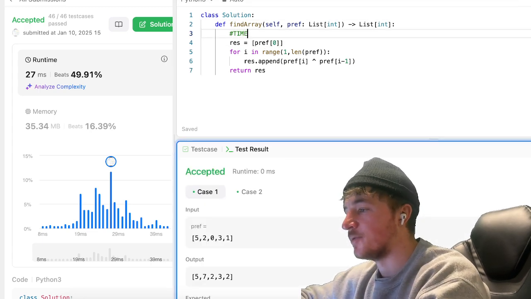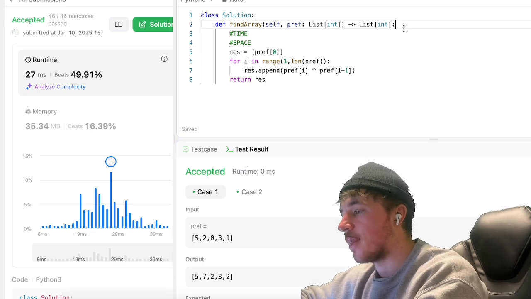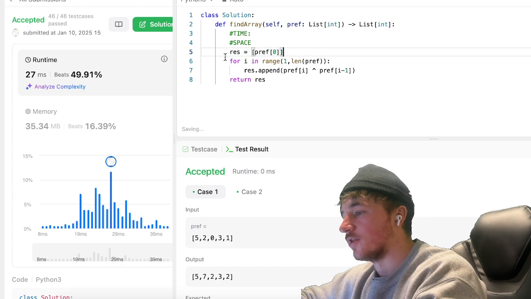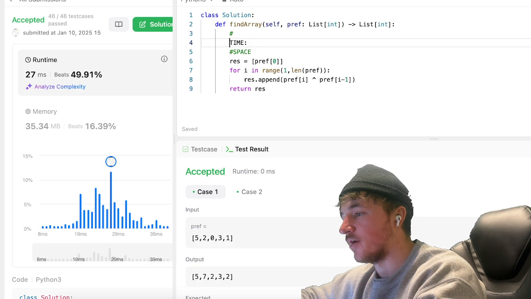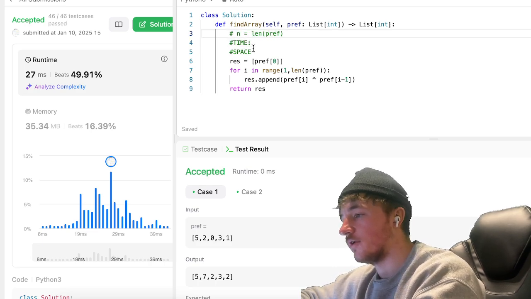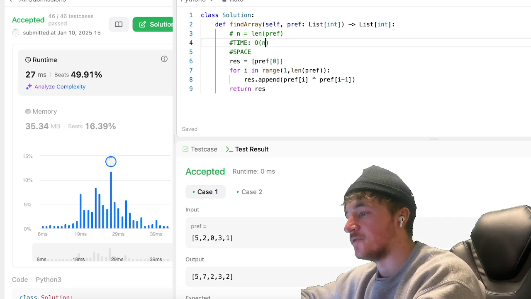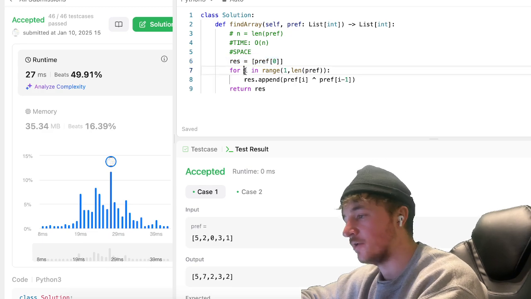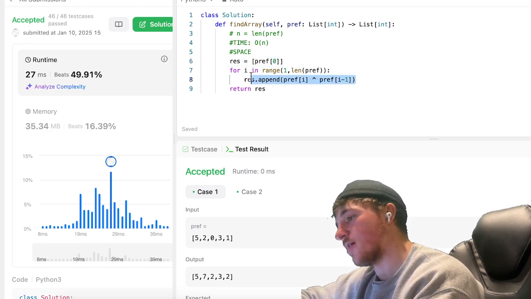So what is the time and space of this? Time. Well, we have to look at all n values, right? We take the first value. So if n is the length of pref, we look at all n values and do a calculation. So we look at all n values, n minus 1, but then this first value. So look at all n values, do this constant operation.